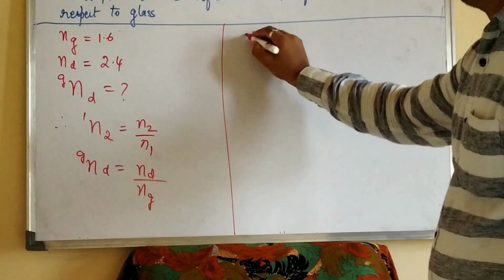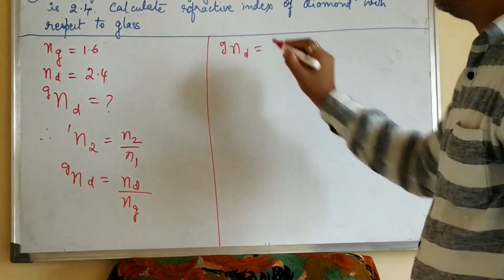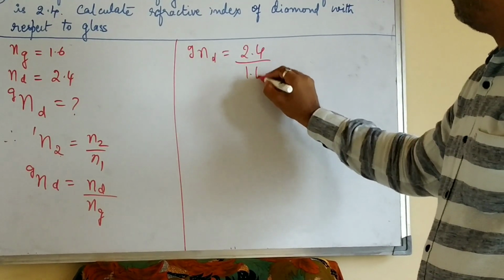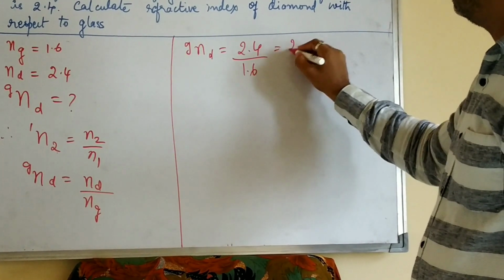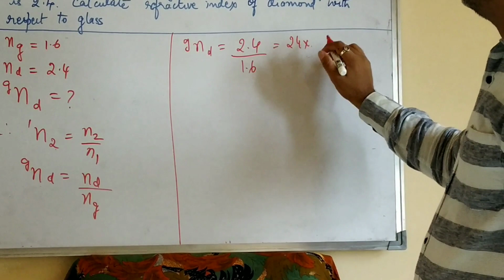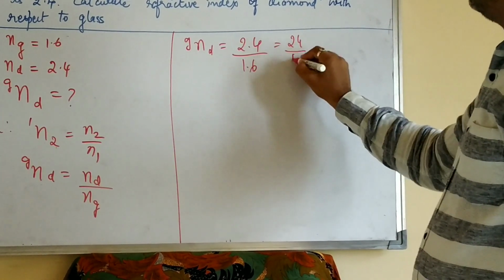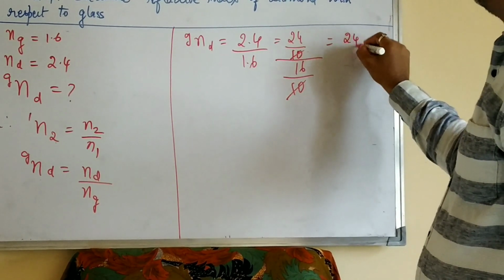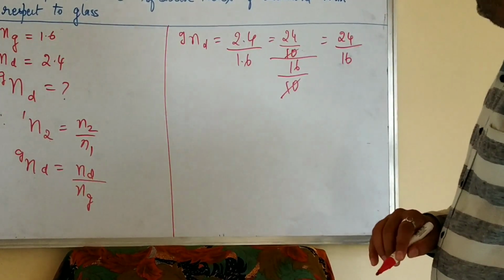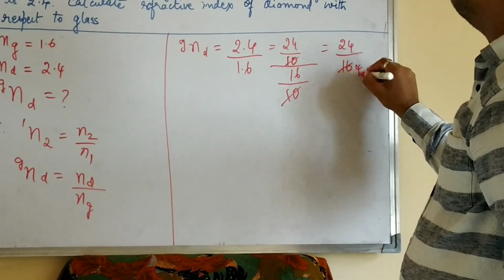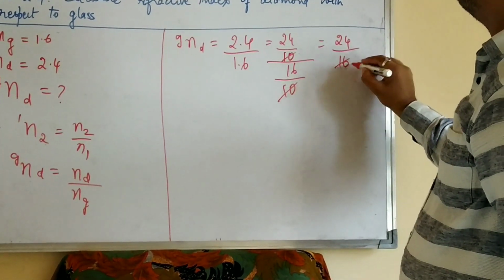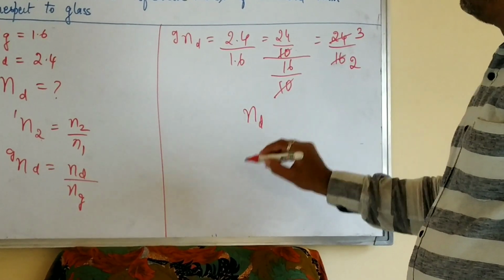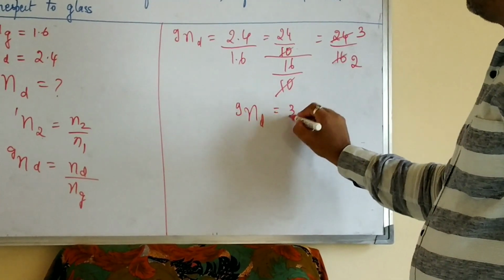That is 2.4 by 1.6, or you can write this as 24 by 10 by 16 by 10. 10 cancels. What you will get? 24 by 16. So you will get 3 by 2. Refractive index of diamond with respect to glass is equal to 3 by 2.